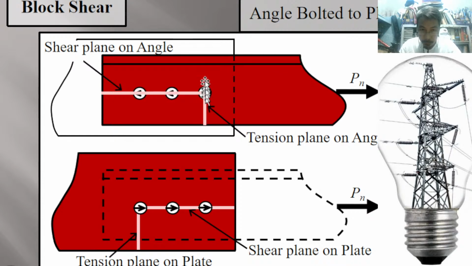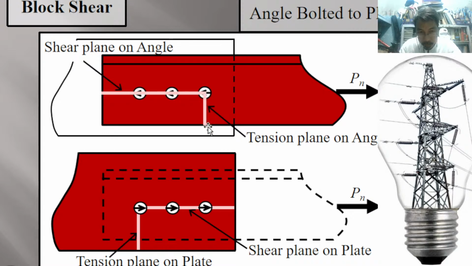The other is a stronger side because it has more area due to the presence of the leg. So in most probability it would fail like this.